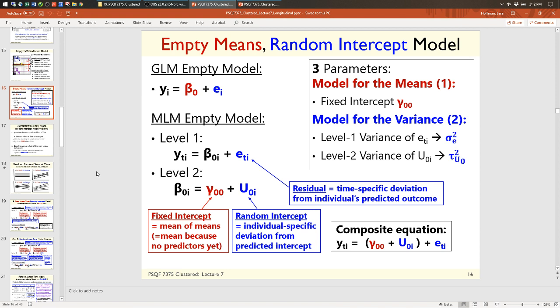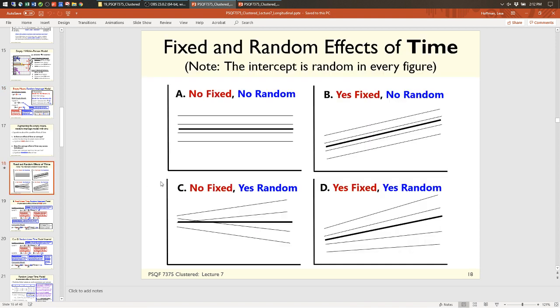So we had this to start with, and then we talked about fixed and random effects of time, right? Time is a level 1 predictor, so we can have any possible combination of those present in our data. A fixed effect of time means there's some sort of trend on average over time, positive or negative.